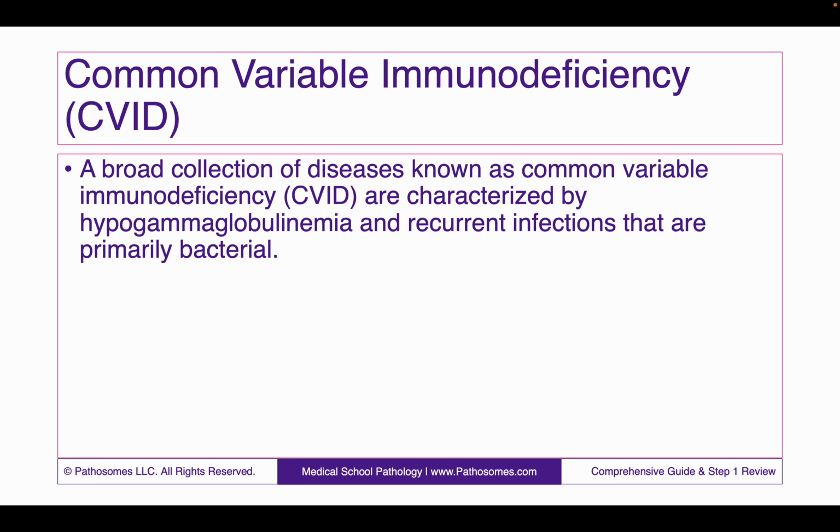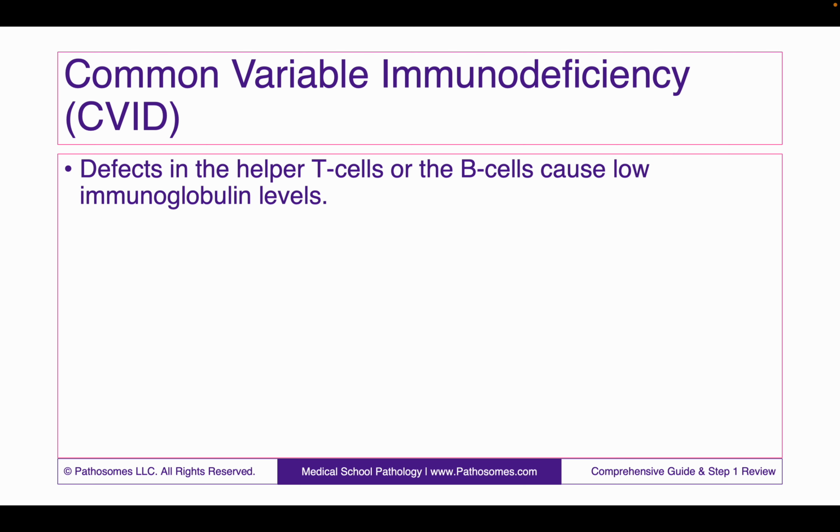Now let's talk about common variable immunodeficiency, also known as CVID. A broad collection of diseases known as CVID are characterized by hypogammaglobulinemia and recurrent infections that are primarily bacterial. Defects in helper T cells or the B cells cause low immunoglobulin levels.